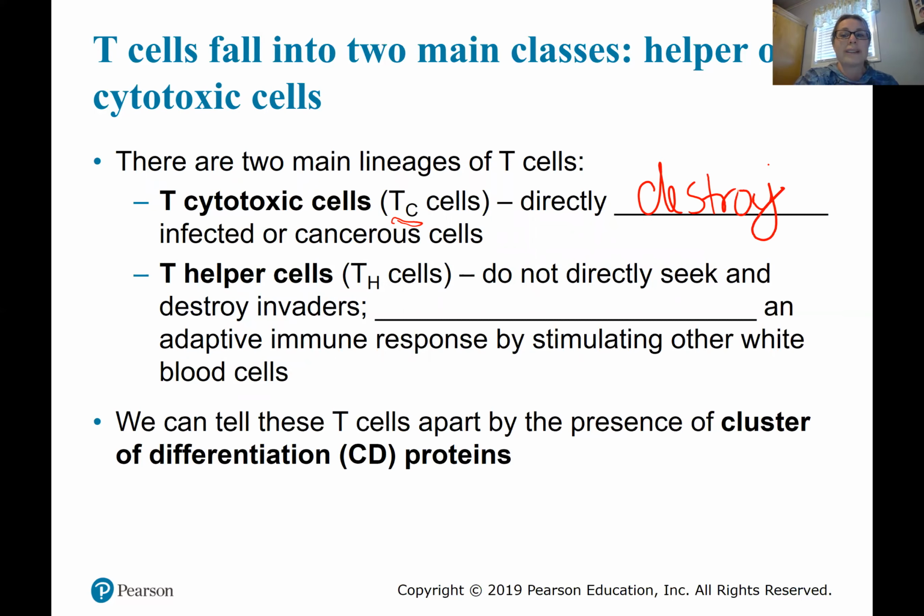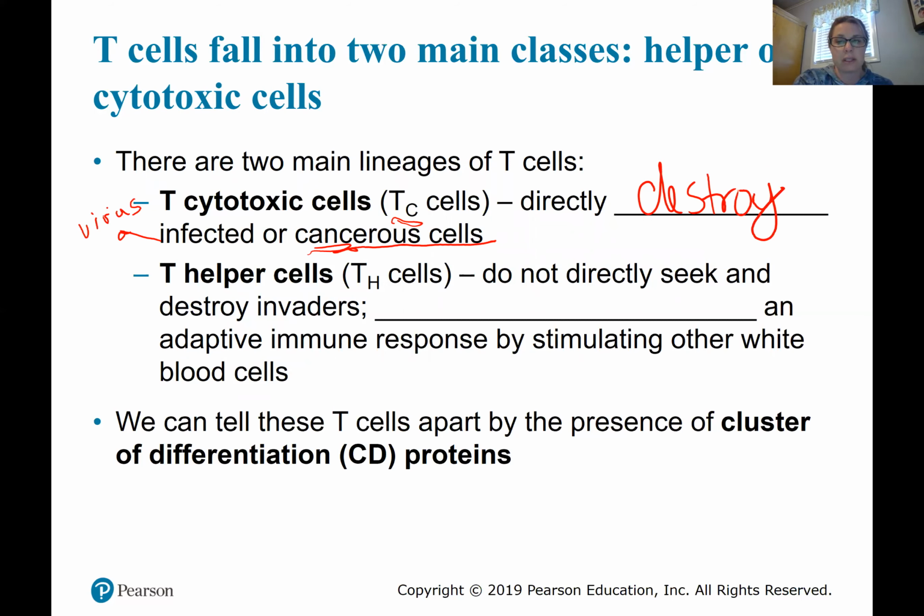So when a cytotoxic T cell attacks, it's going to attack the host cells that have either gotten cancer or been infected with a virus or an intracellular pathogen, where the pathogen is inside of the host cell.